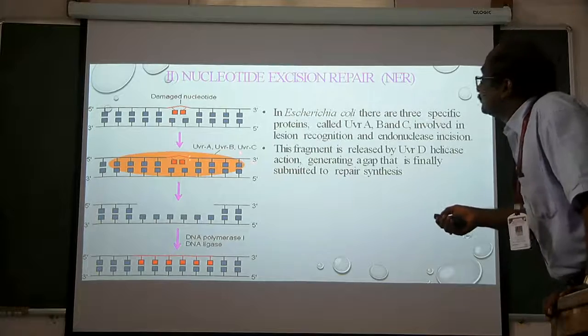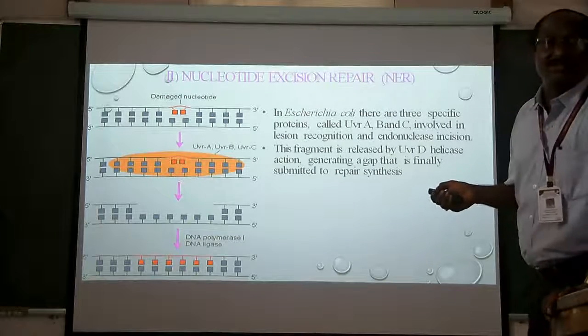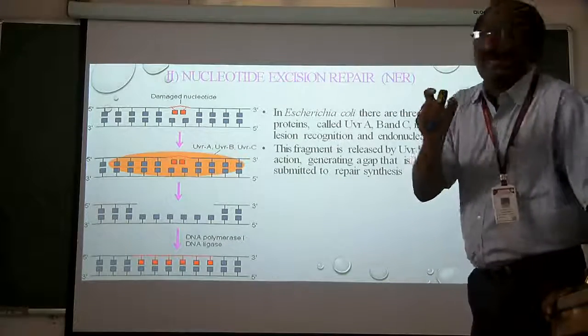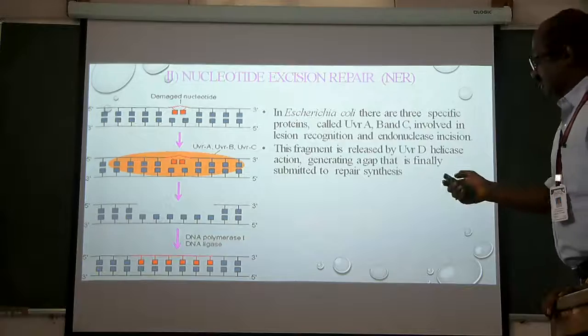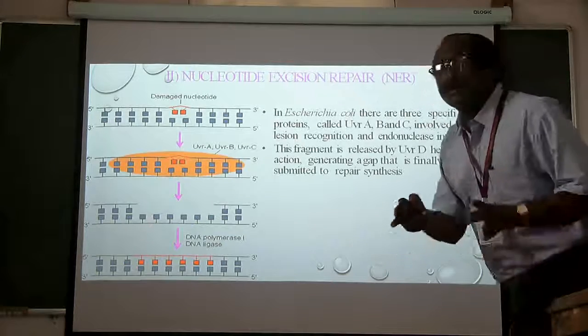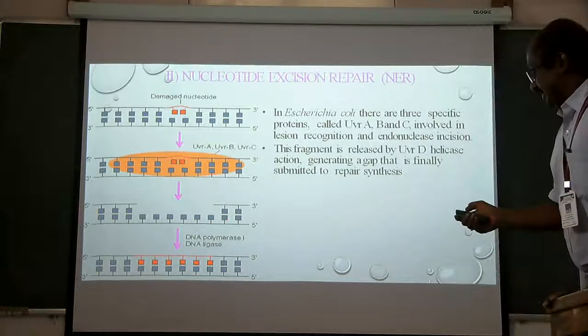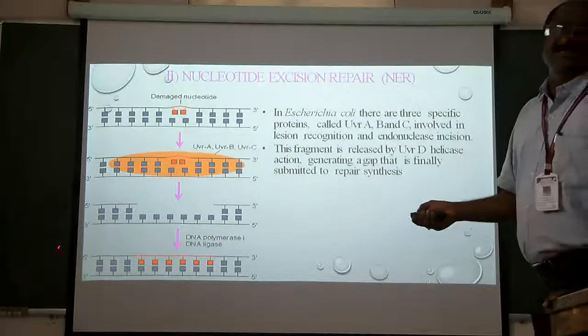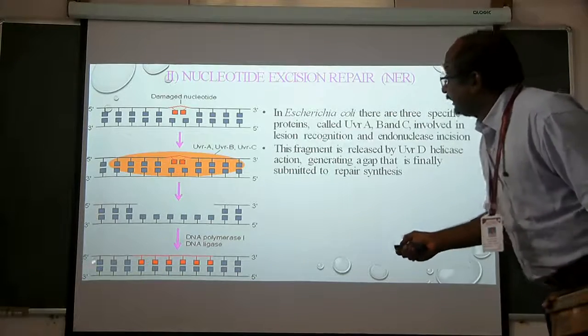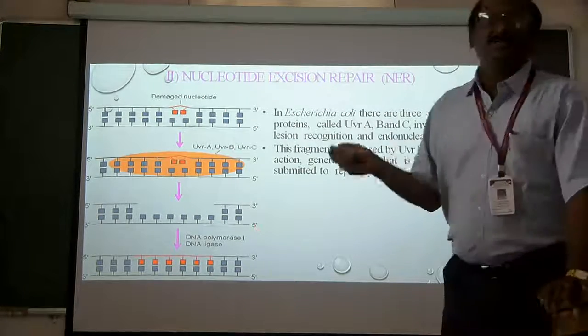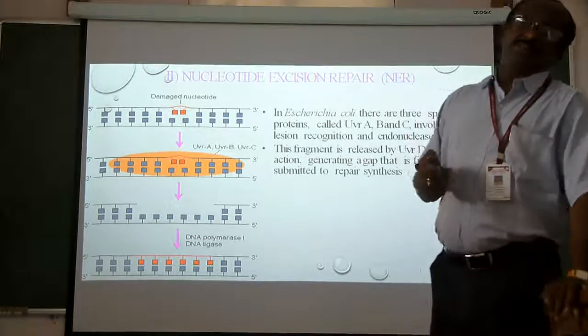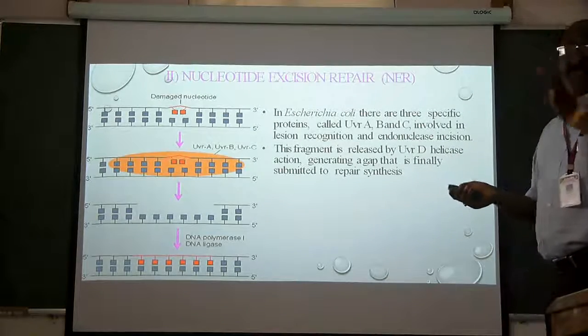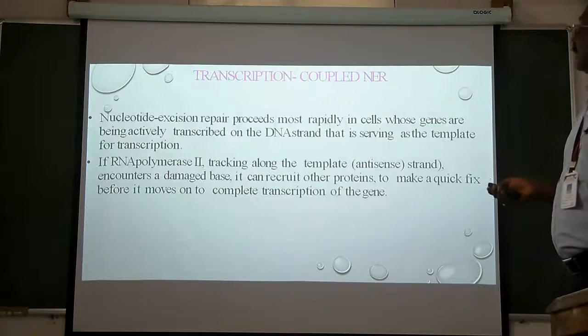These are the enzymes which first recognize the damaged base pairs, and when they are recognized, you can see they are cut open, and the DNA polymerase I and the DNA ligase enzyme act upon them and again synthesize the new nucleotide base pairs. So this is NER, nucleotide excision repair.